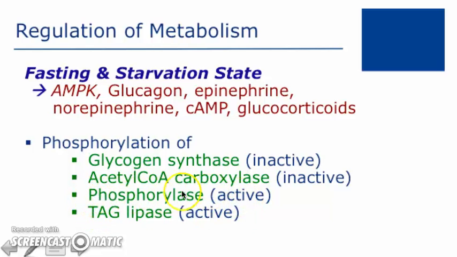So activated will be the phosphorylase enzyme promoting glycogenolysis, or the breakdown of muscle and liver glycogen. Also, we'll see that triacylglycerol lipase, which will be promoting the breakdown of triacylglycerol in the adipocyte to the free fatty acids and the glycerol backbone. That process will also be activated by these hormones or metabolic signals.